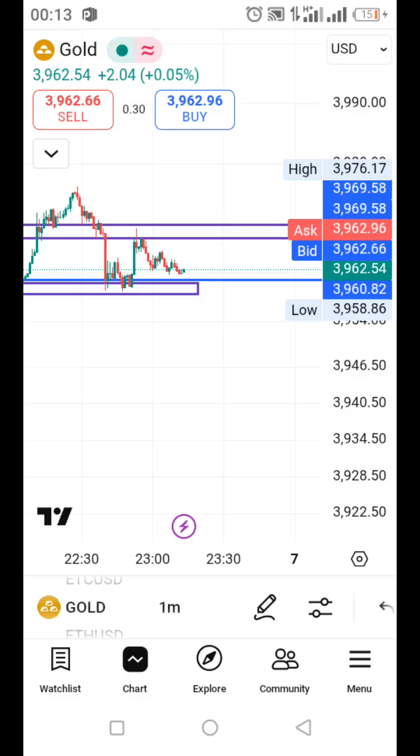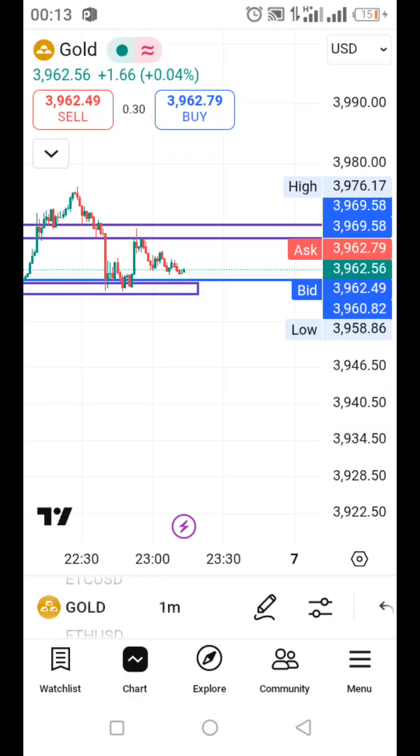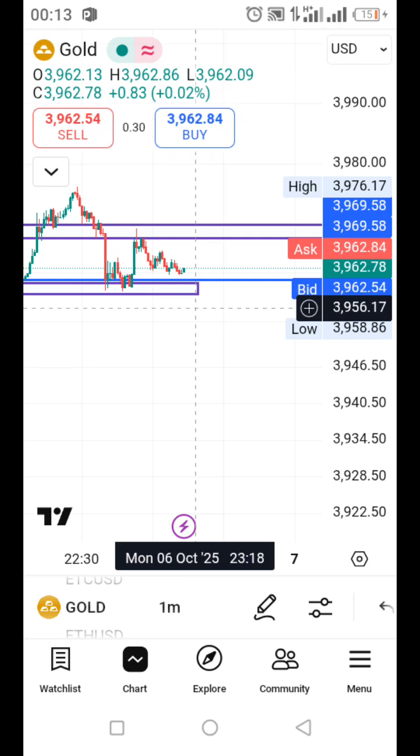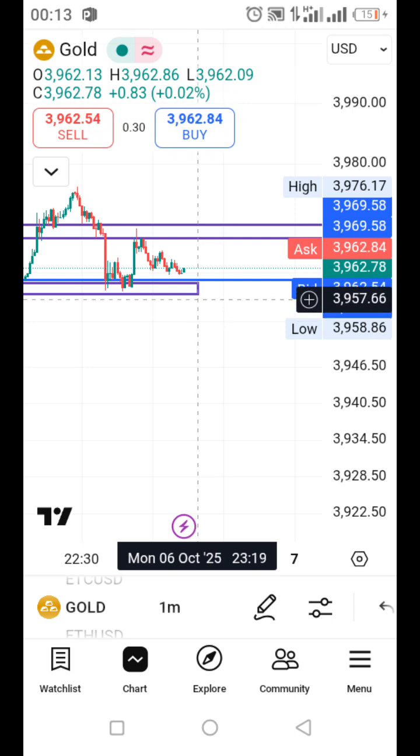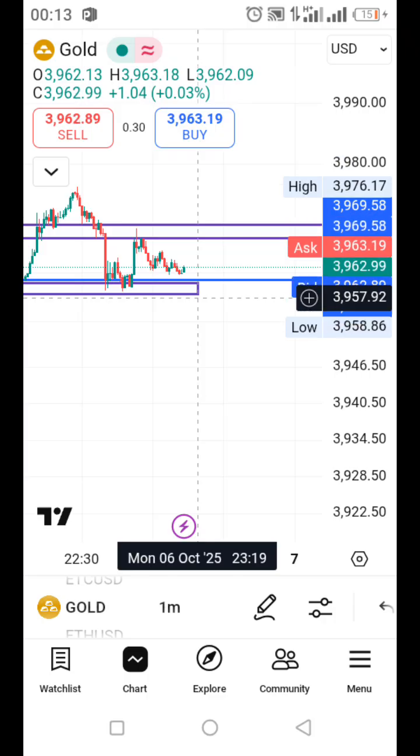I've already taken a buy trade, but I will set my stop loss below this zone at 39.57, just that region.